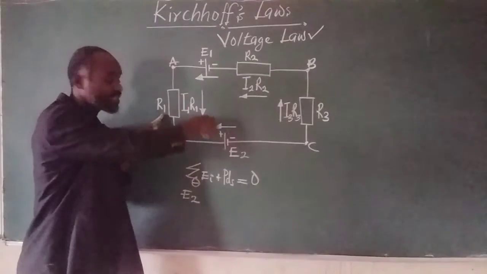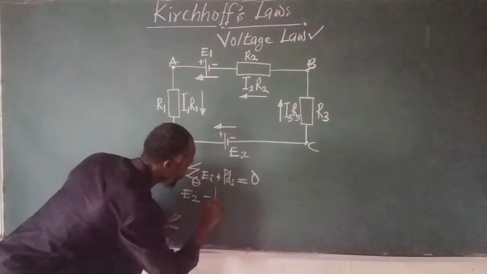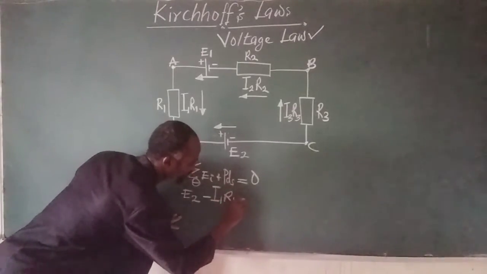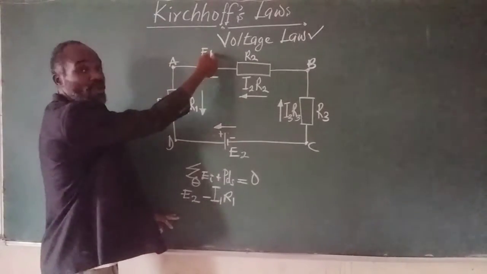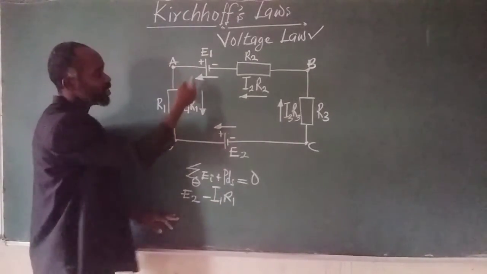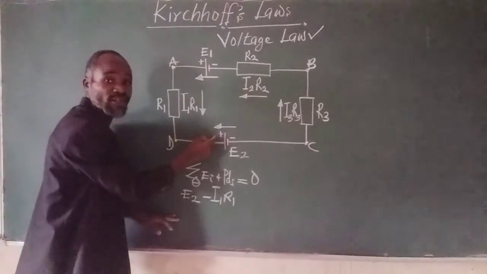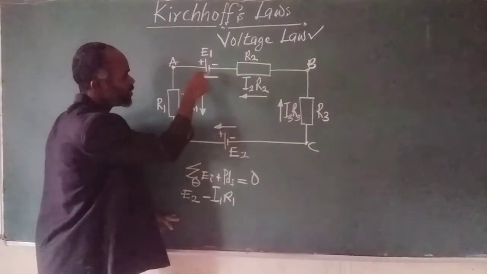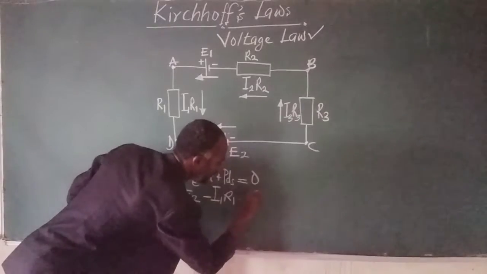This moves anti-clockwise, so this should be negative: minus I1 R1. We move on again to this point. The EMF here is opposing the current coming from EMF 2. That means that this will be negative. So E1 is also negative.